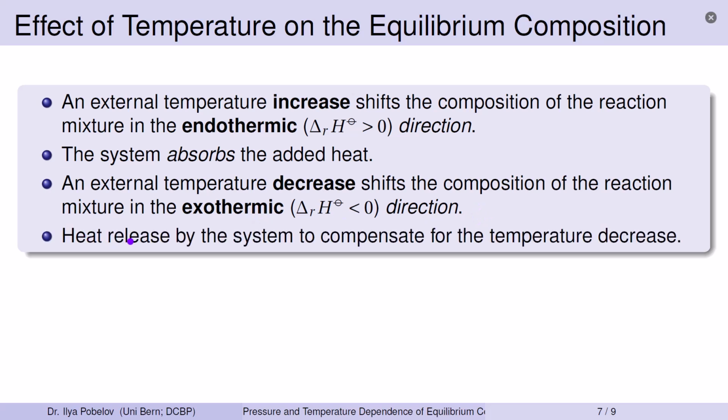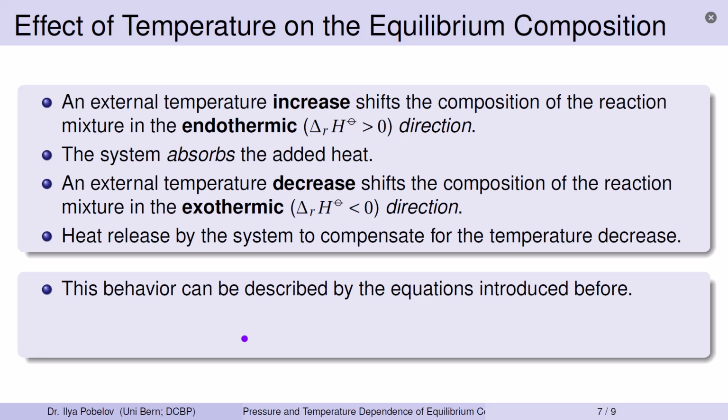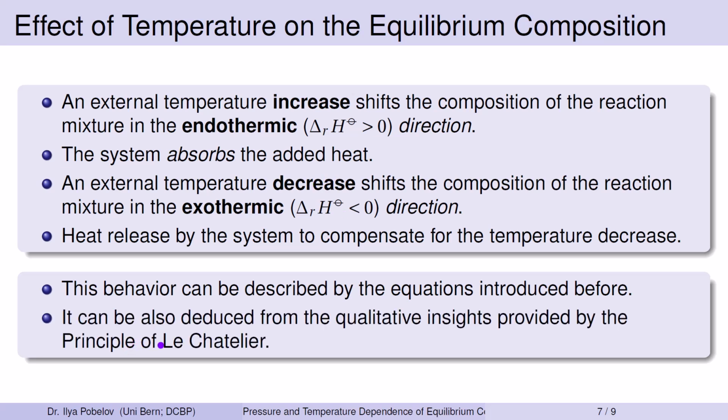This can be considered as a heat release by the system to compensate for the temperature decrease. This behavior can be rigorously described by the equations introduced before, but it can also be deduced from the qualitative insights provided by the principle of Le Chatelier.